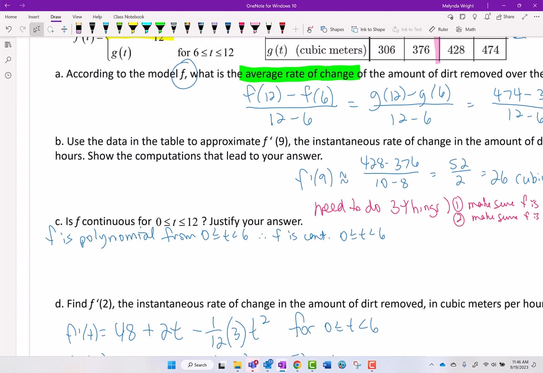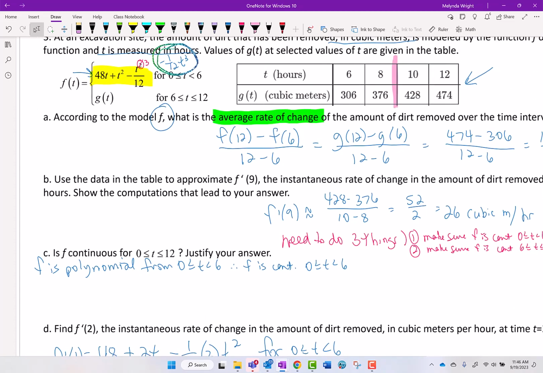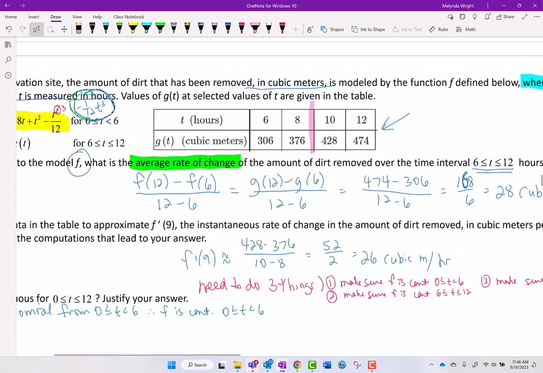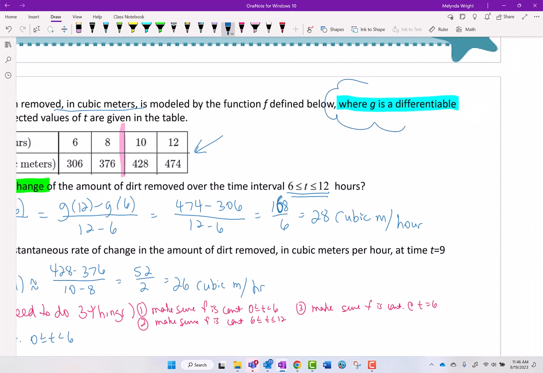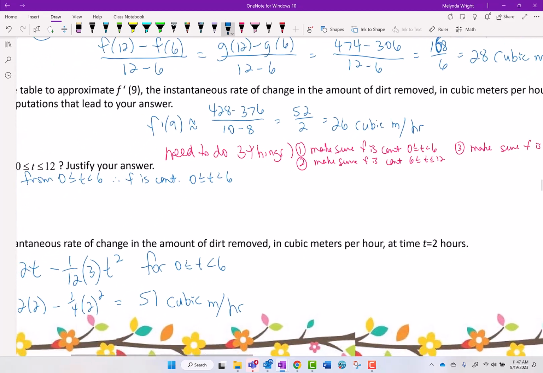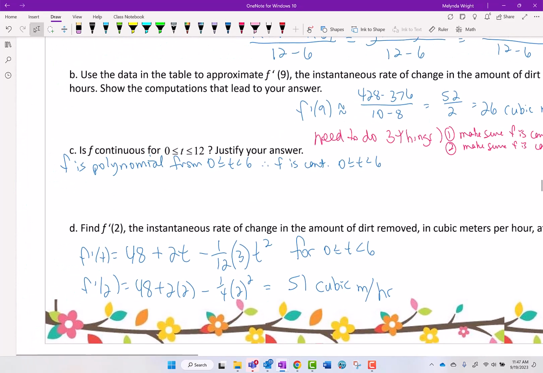Well, the bottom is g, which is that weird table business. Look, really buried over here, it says g is differentiable. That's important to our continuity business over here. So let's walk through that. Because g is differentiable, g is continuous.